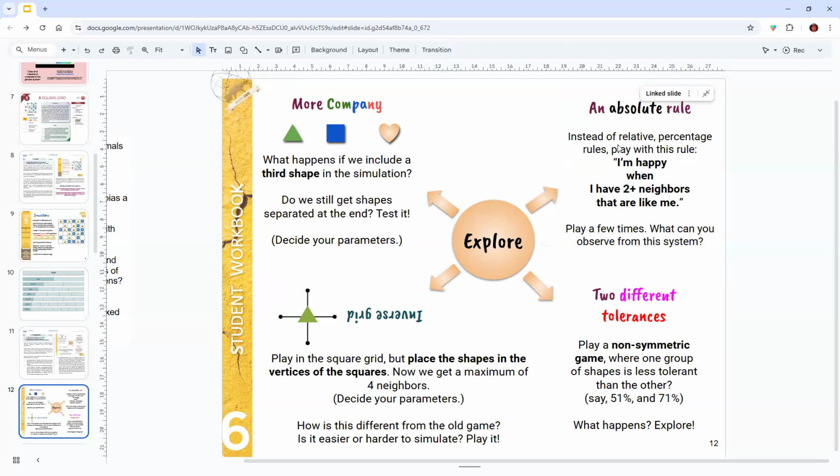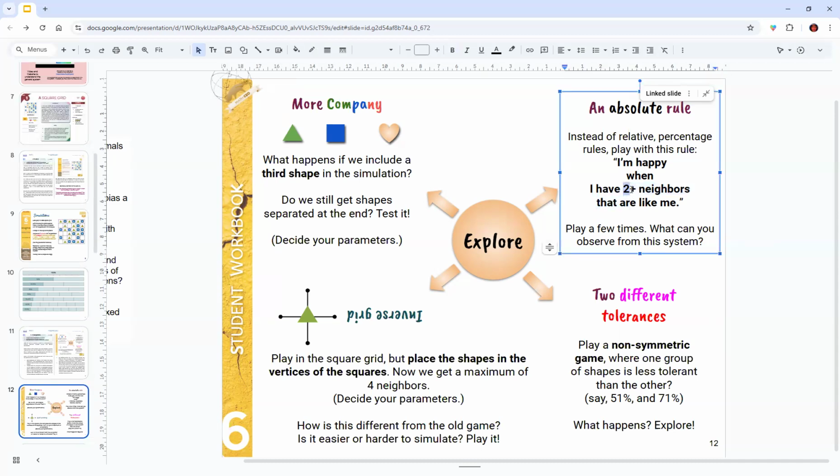Here, an interesting question would be if this model is less realistic or more realistic than the relative model. So you can think about life situations for neighbors and schools and all sorts of places to see if this makes sense. The fact that happiness is kind of predicted mostly for people just with an absolute value of neighbors.